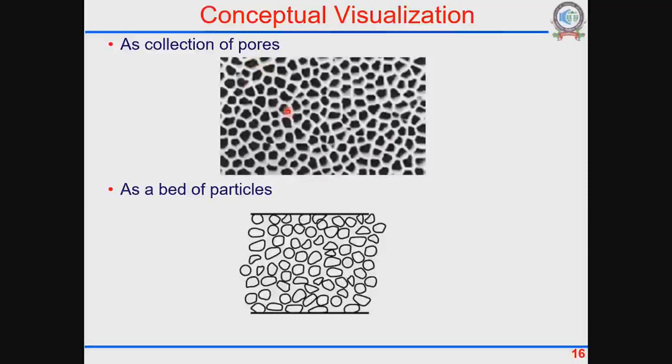The second way of visualizing could be that we view this membrane as a collection of particles, and gaps are formed between these particles and the liquid flows in between these gaps, again from the screen into the screen in this particular case. So let's try to look at the first concept, where we visualize the membrane as a collection of pores.